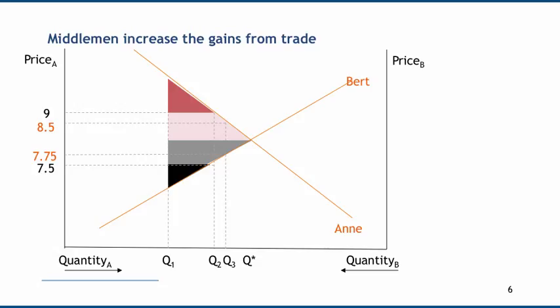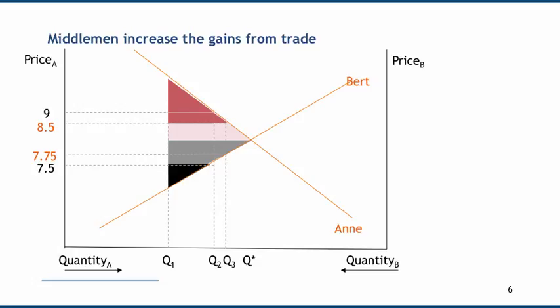The lighter areas in the diagram show the original consumer surplus and producer surplus. The darker, smaller triangles show us the consumer surplus and producer surplus in a world of transaction costs. And now we can see the increase in consumer surplus that's brought about by the introduction of the middleman.